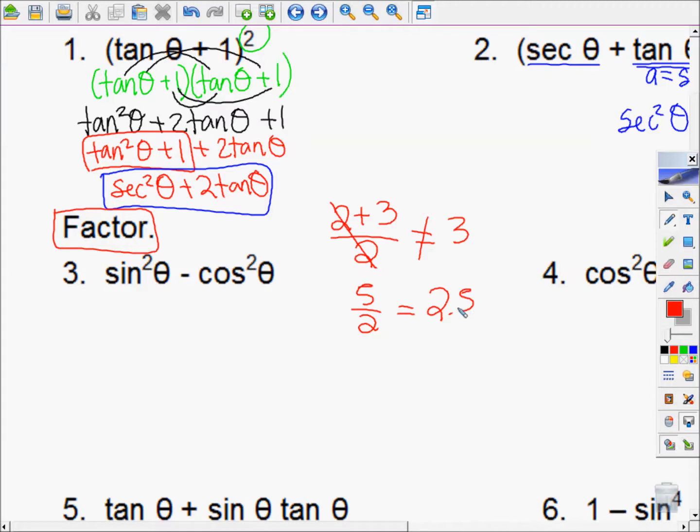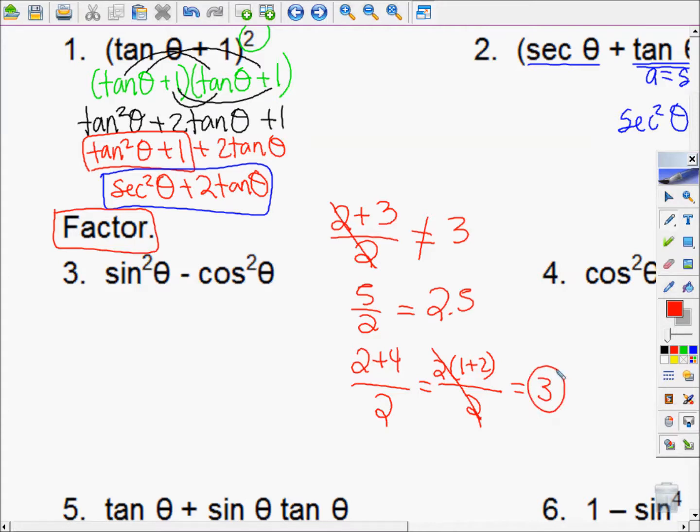You cannot cancel out a term when it's being added or subtracted. Okay? You cannot do this. You only can cancel out a term when it's being multiplied. So if I had 2 plus 4 over 2, I could factor out the 2, which we wouldn't really do, but now could I cancel out that 2? Yes. And what's the answer? 3.